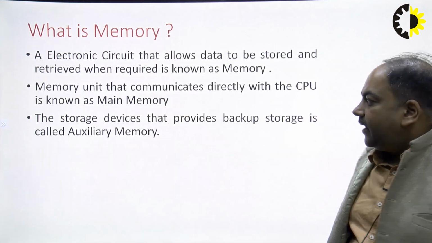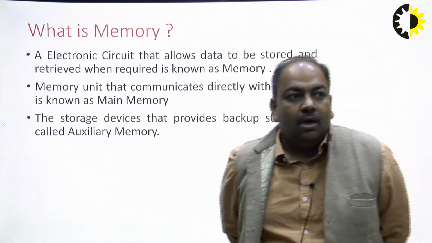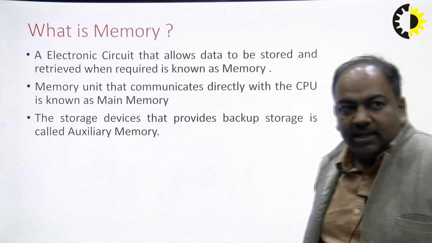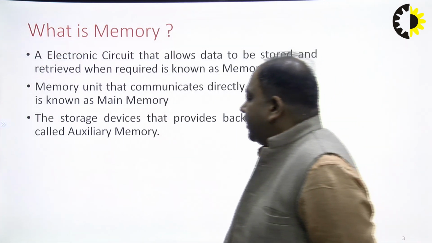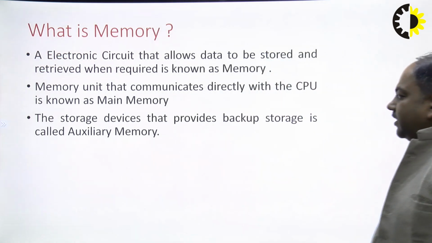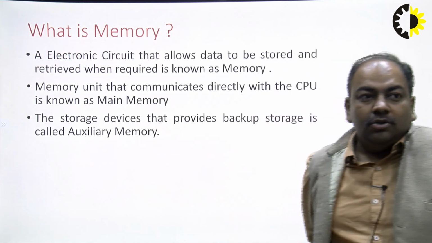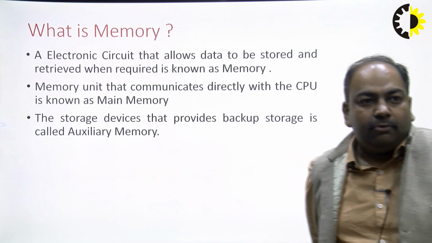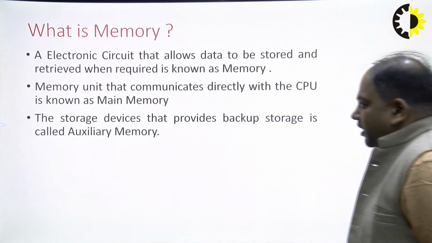Volatile means the data will be lost when you switch off or shut down your device, and secondary memory is where the data is stored and cannot be deleted unless by your interference. And the part of the memory unit that communicates directly with the CPU is known as main memory.